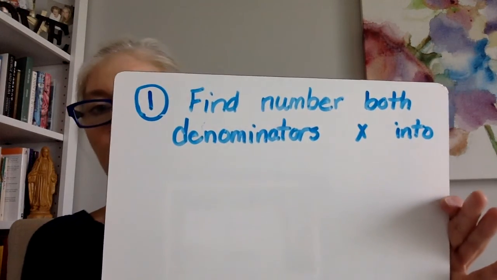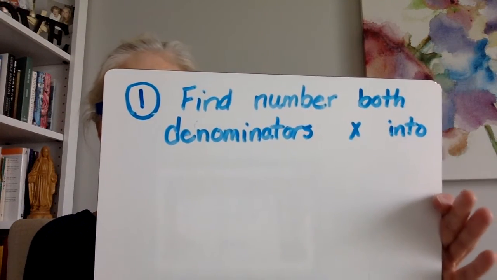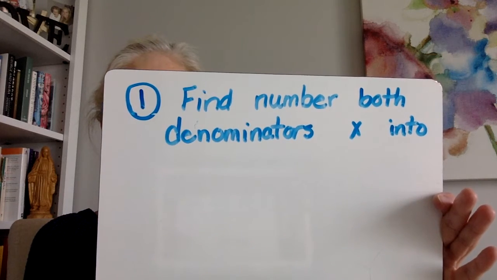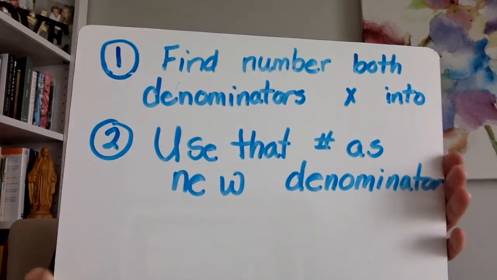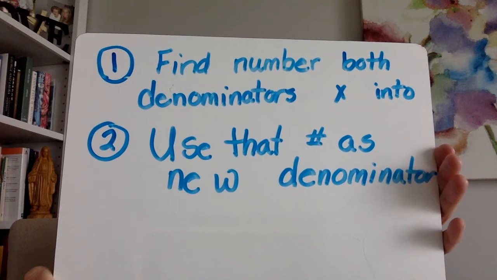Find a number that both the denominators can multiply into. The second step is use that number as your new denominator. Now you have a new denominator on both sides that matches. Step 2, use that number as your new denominator.